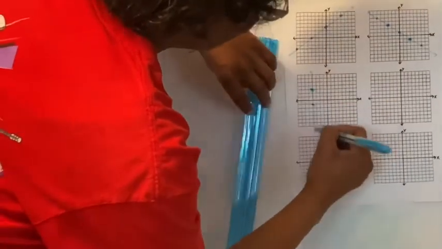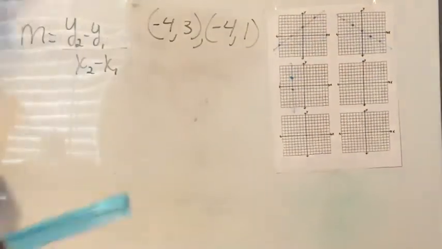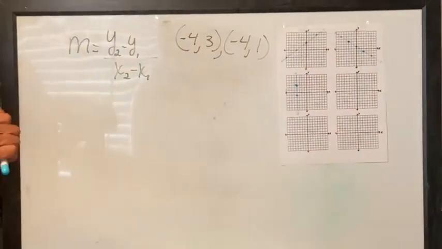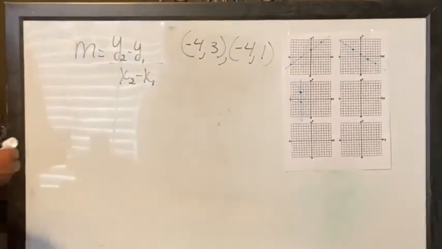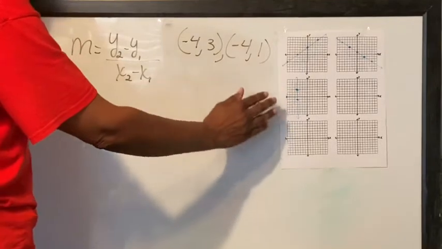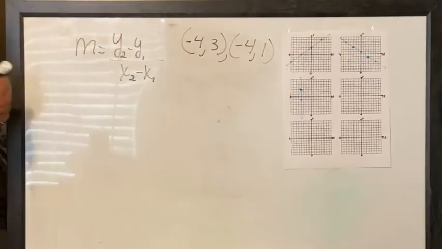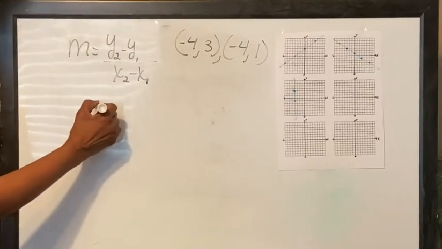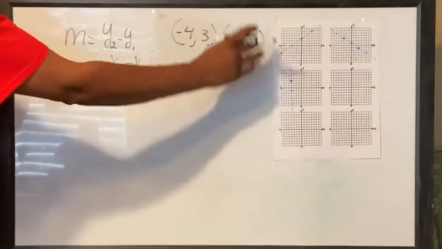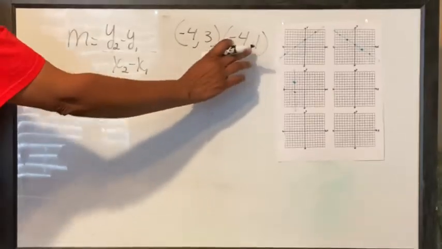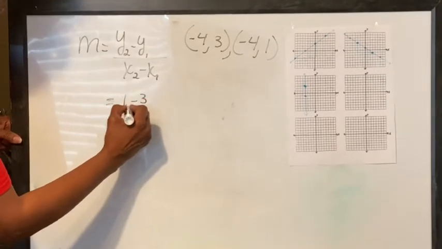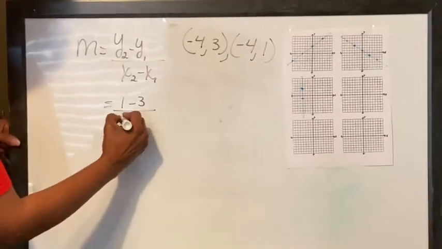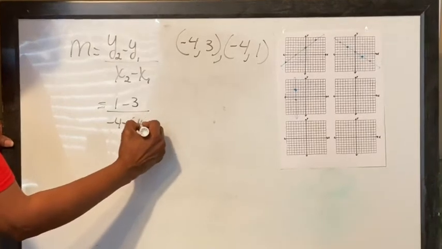Now, from what I just told you a few minutes ago, you should be able to tell me that that happens to be a vertical line. Now, I said that a vertical line has no slope. So let's use this formula and let's substitute to prove that this has no slope. So I'm going to substitute, and I'll have 1 minus 3 divided by -4 minus -4.